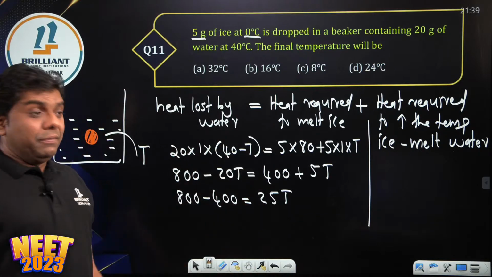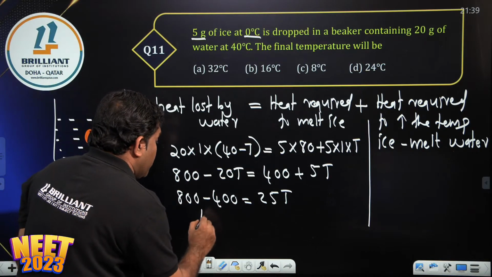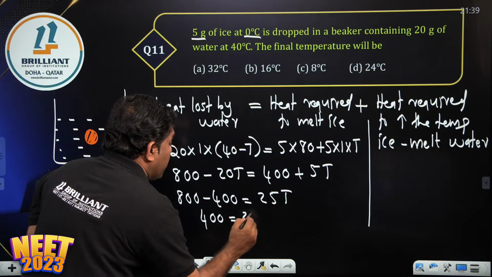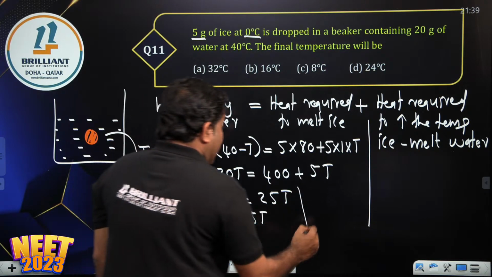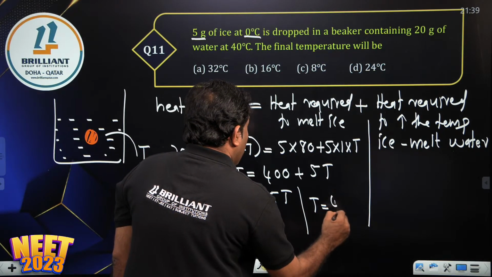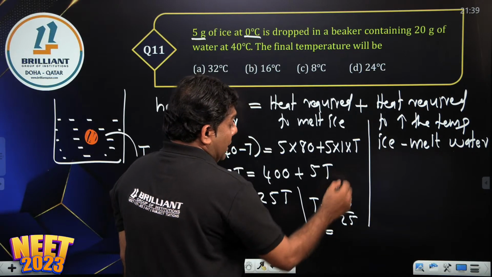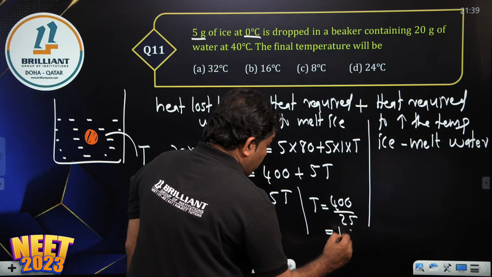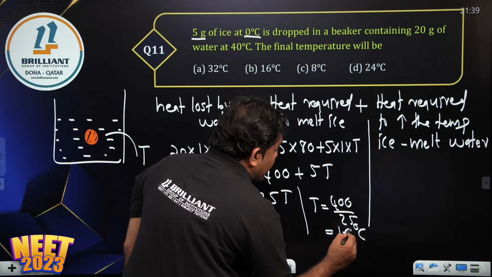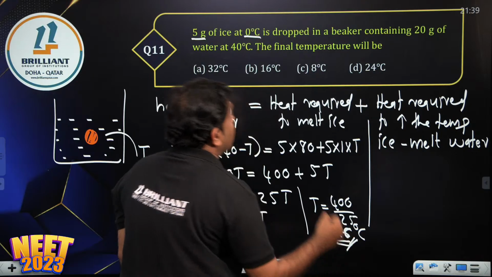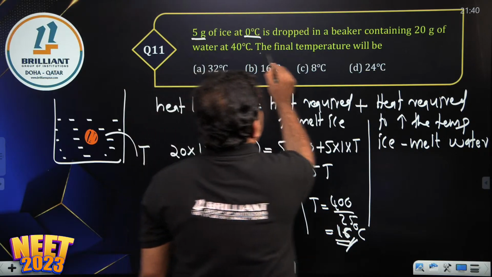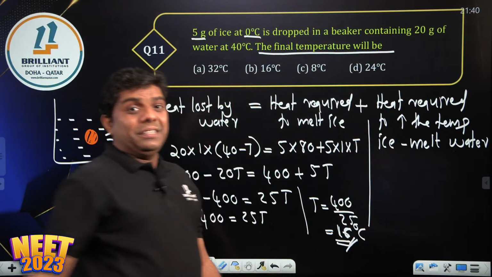So we can say 400 is equal to 25T. So T is equal to 400 divided by 25. So 100 by 25 is 4. So 4 into 4, 16 degree Celsius. So we can say final temperature will be 16 degrees Celsius.